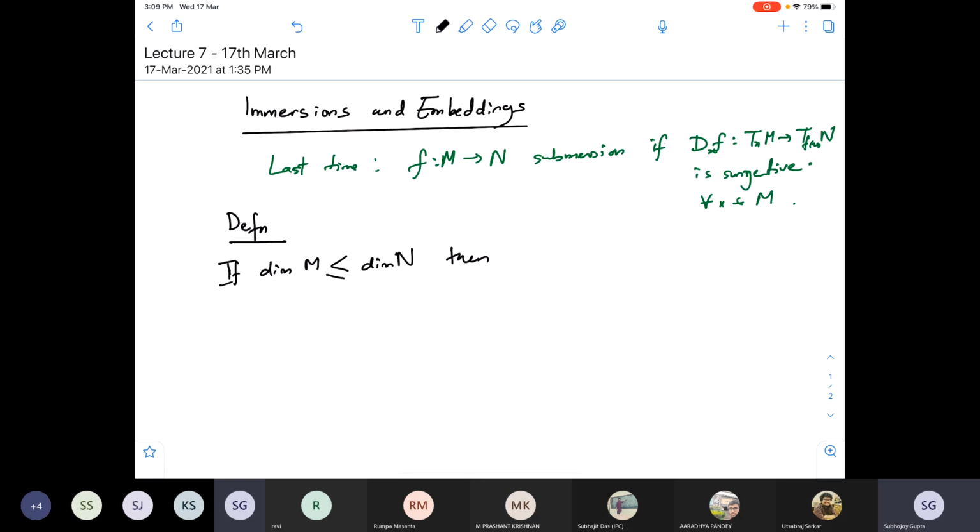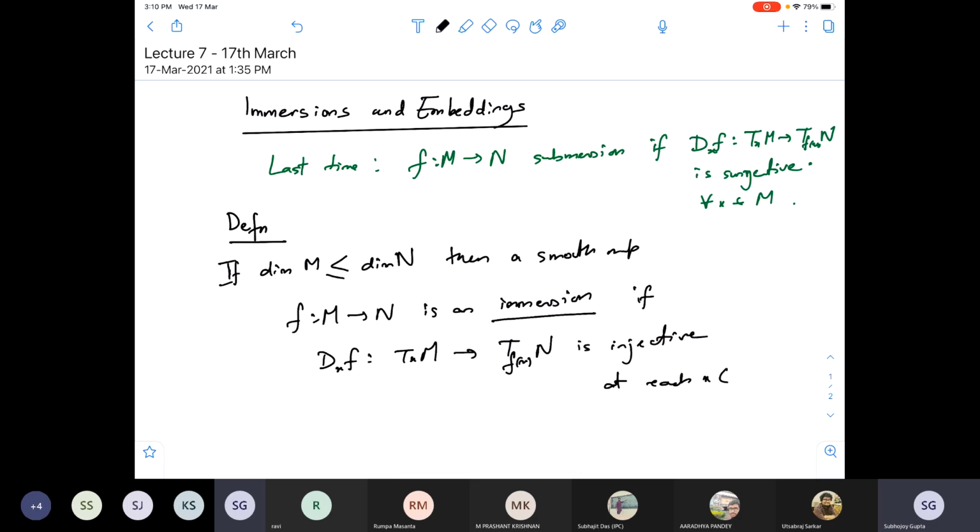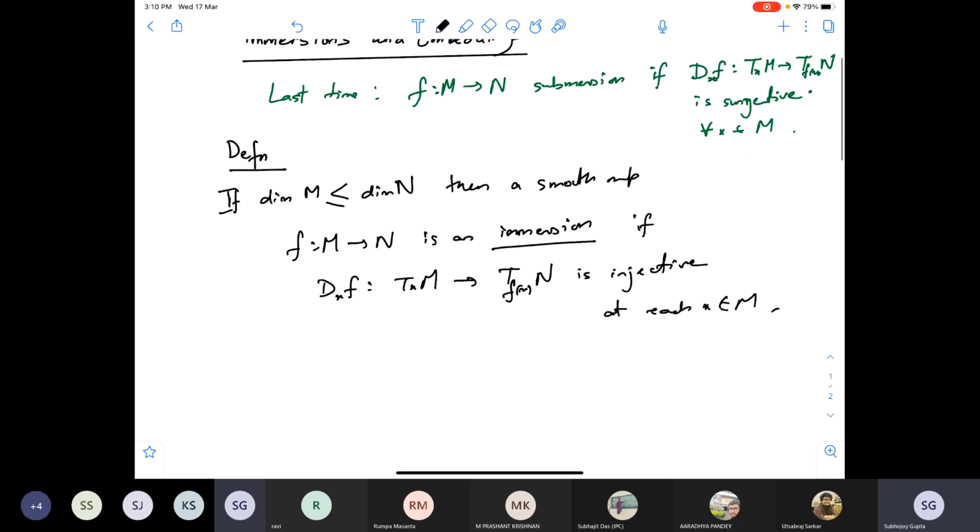So a smooth map f from M to N is an immersion if the derivative of f at x is injective at each x in M. And as before, immersion at a point x would mean that it's injective at that point x, but without that, it just means it holds everywhere.